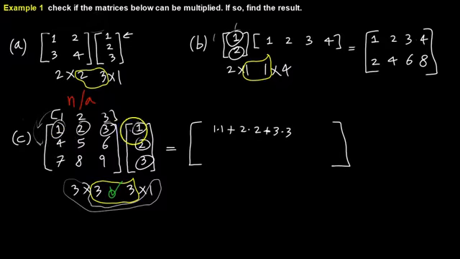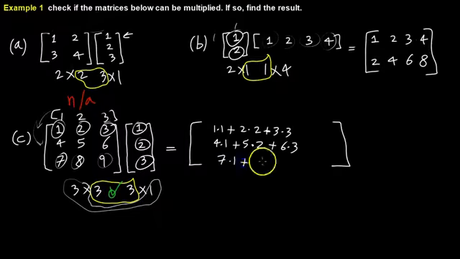The next one is 4 times 1, 5 times 2, plus 6 times 3. And lastly, we have 7 times 1, 8 times 2, and 9 times 3.